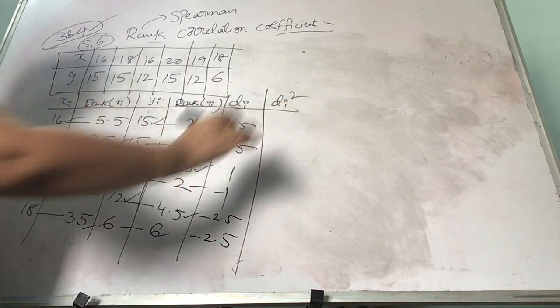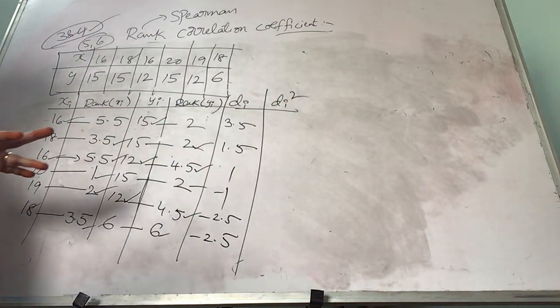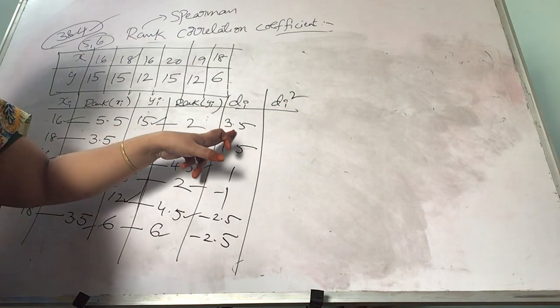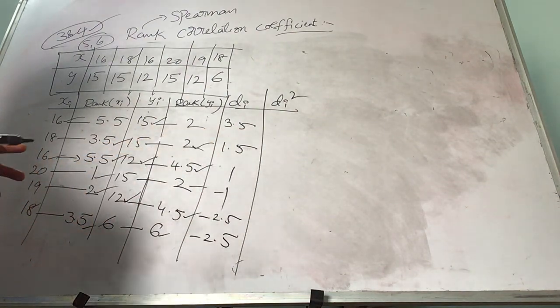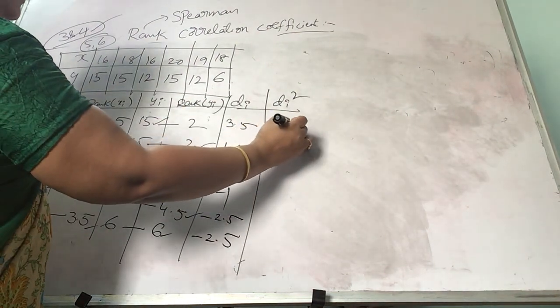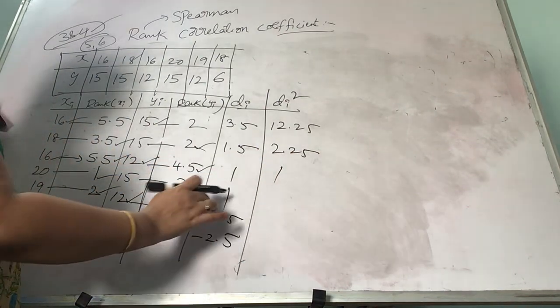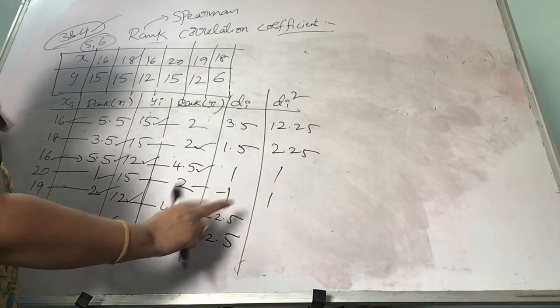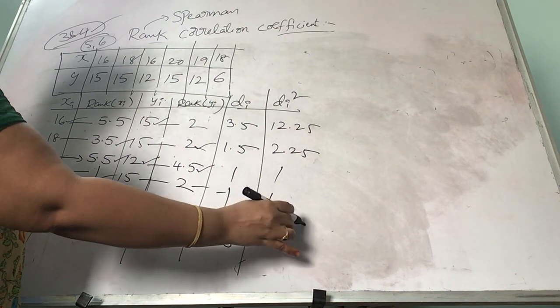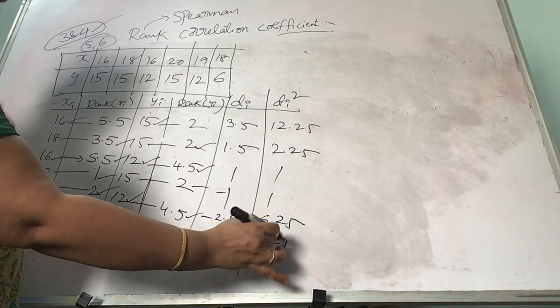Next, calculate di square, the square of the di values. 3.5 whole square is 12.25. 1.5 whole square is 2.25. 1 square is 1. Minus 1 whole square is 1. Minus 2.5 whole square is 6.25. This is also same, 6.25.